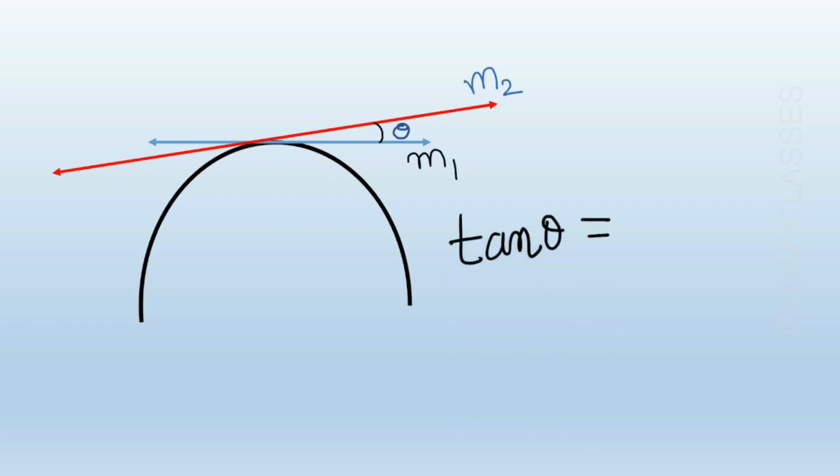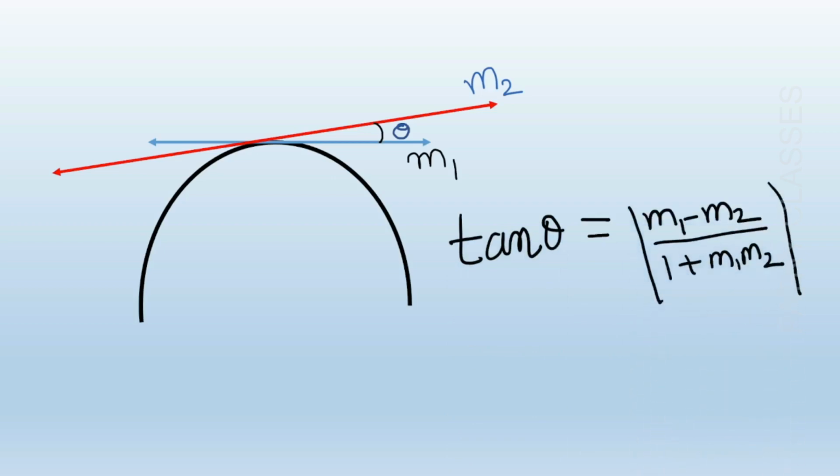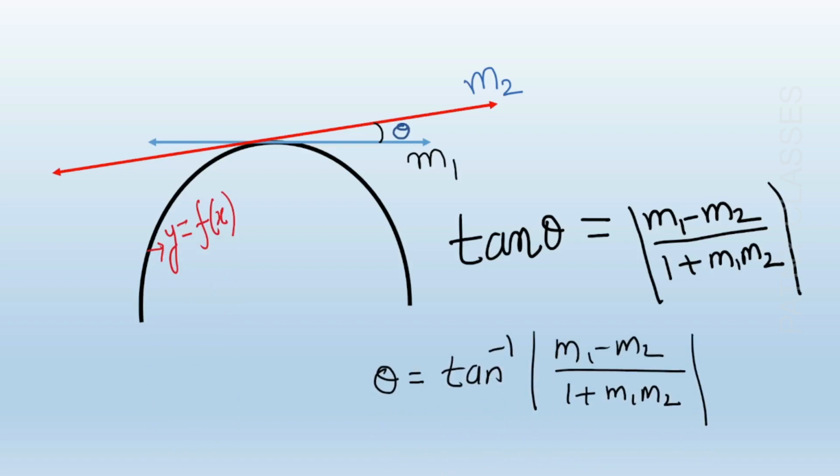Then the angle between the two tangents is given by tan theta equals modulus of (m1 minus m2) upon (1 plus m1 m2), and in this case we can find theta by tan inverse of modulus of (m1 minus m2) upon (1 plus m1 m2). y equals f of x is the equation of the curve.